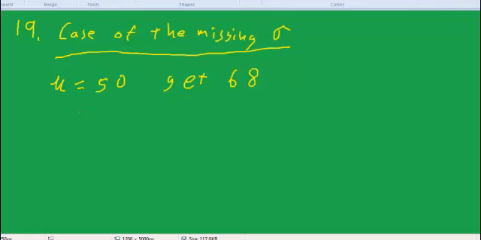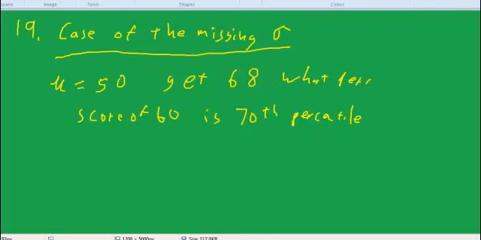And you're told that a score of 60 is in the 70th percentile. That is, 70% score 60 or less. And you would like to know what percentile you have.